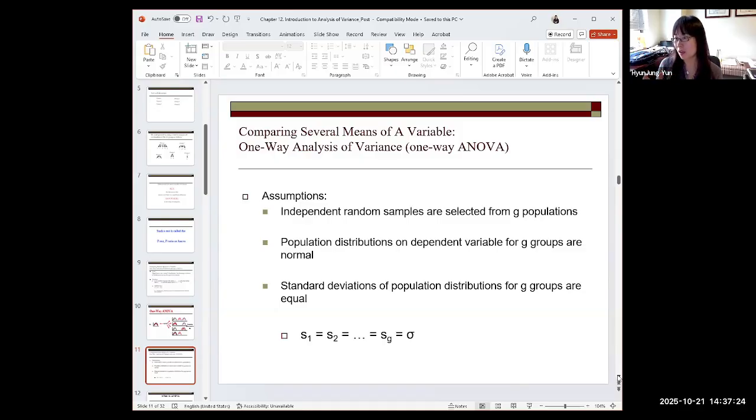For example, group one, group two and group three each represent a random sample for the group. When we compare Republicans versus Democrats versus independents, the Republicans within that group should be independent of each other. You do not want them related.